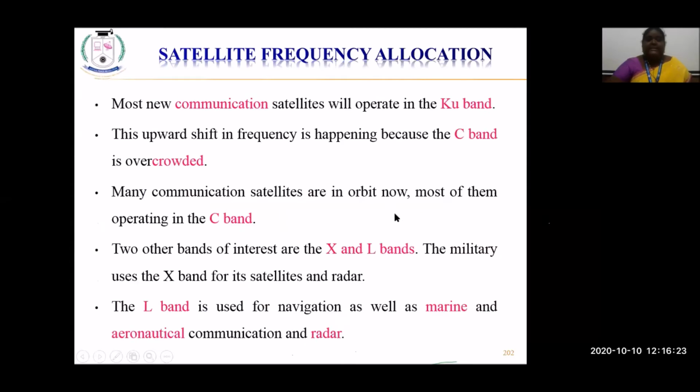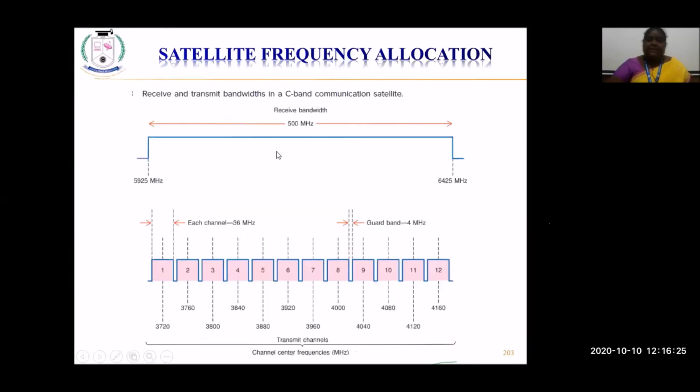This is the frequency spectrum of the satellite, the frequency band for C band communication signals. These are the transmit and receive bandwidths in a C band communication satellite. For every channel, each channel will have 36 megahertz, and there will be a separation, a guard band, before the next set of frequencies.